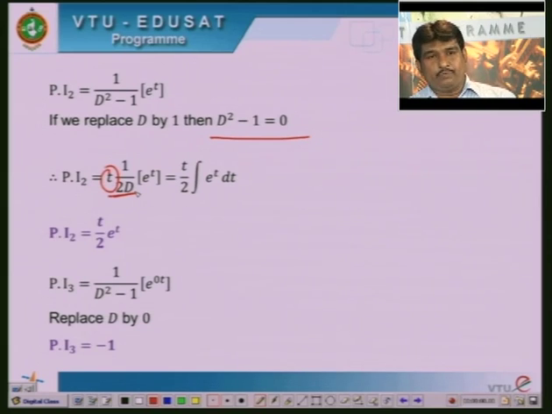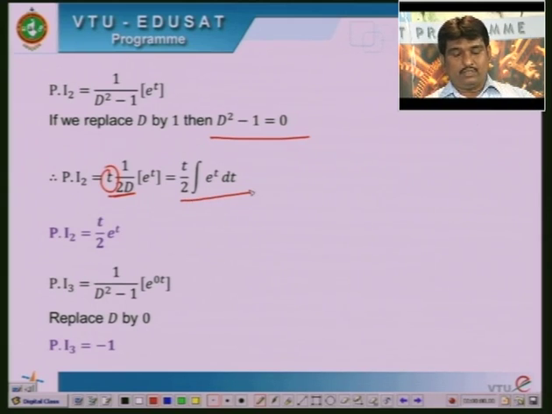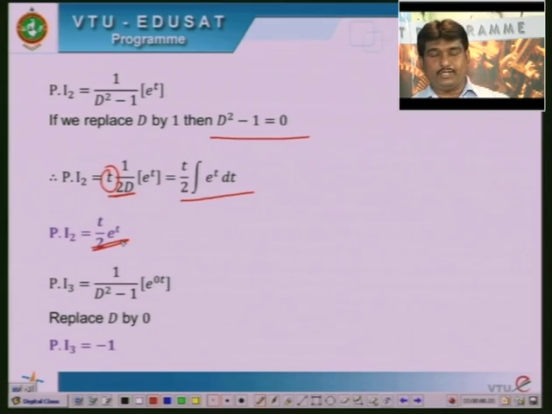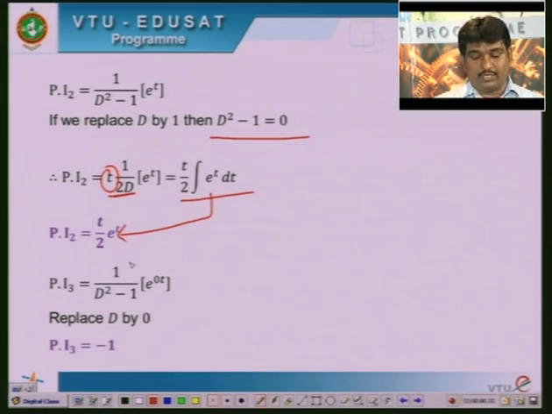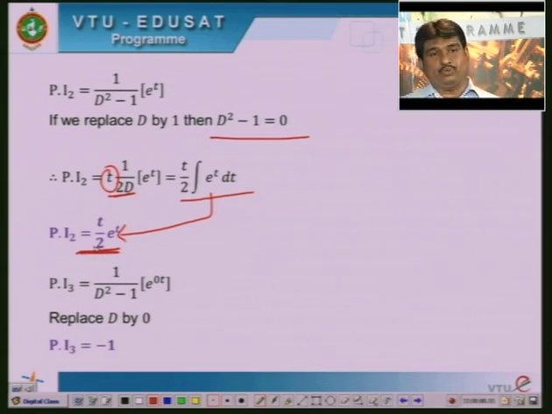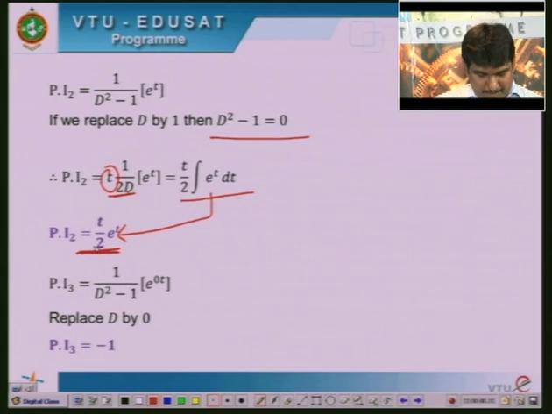So t times 1 by 2D into e to the power of t. Of course, here there is no need to integrate like this. You can directly replace D by 1 to get the same result, t by 2 into e to the power of t. Or else, 1 by D stands for integration, so the integration of e to the power of t is e to the power of t again. Or else simply replace D by 1 to get the same result. This is PI2. PI2 is t by 2 into e to the power of t.